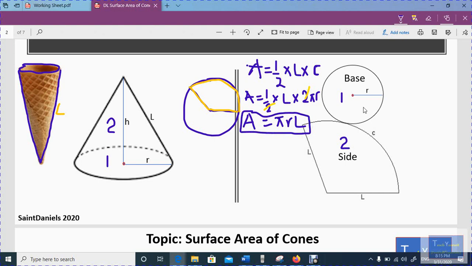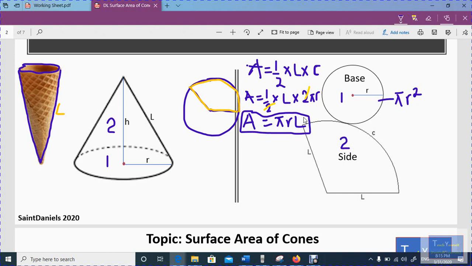And the area of a circle is pi r squared. In examples, you can be asked to find the lateral area, which is also the side or the curved surface area of the cone.